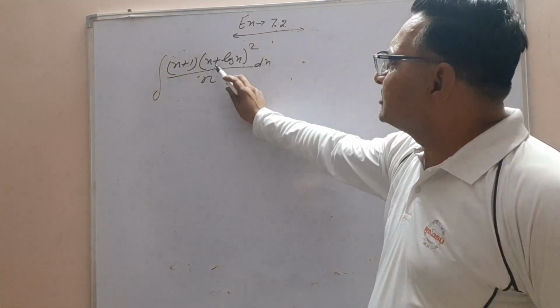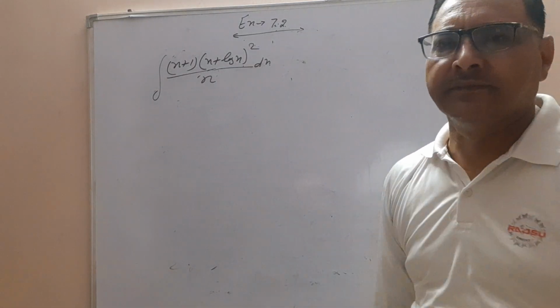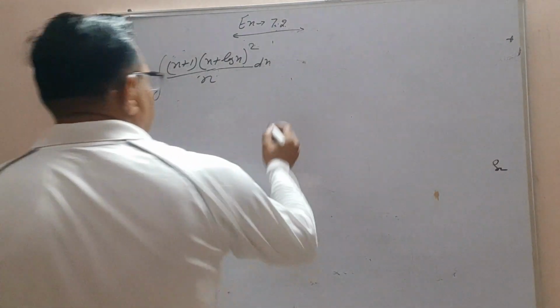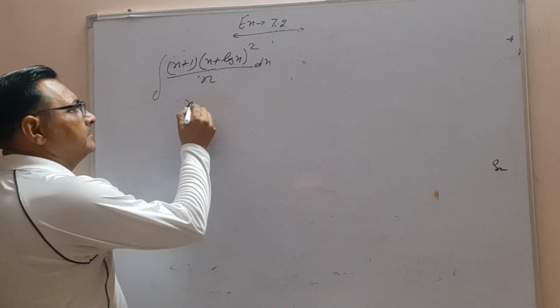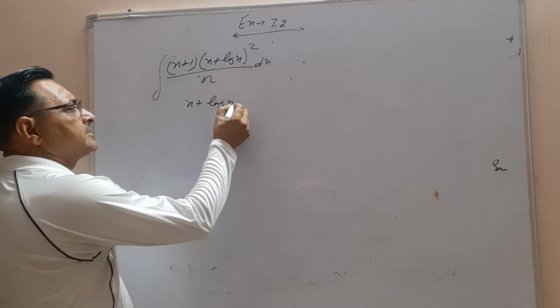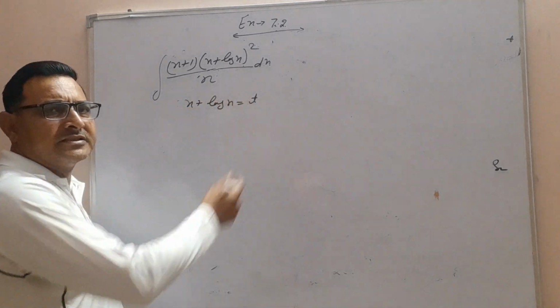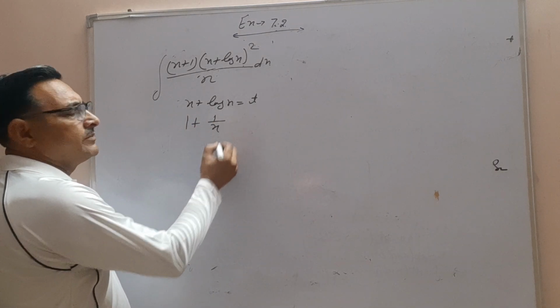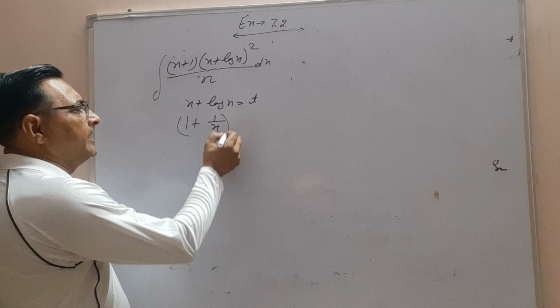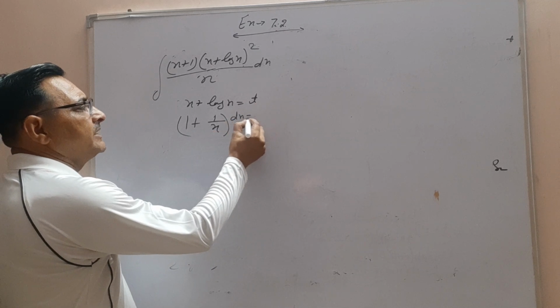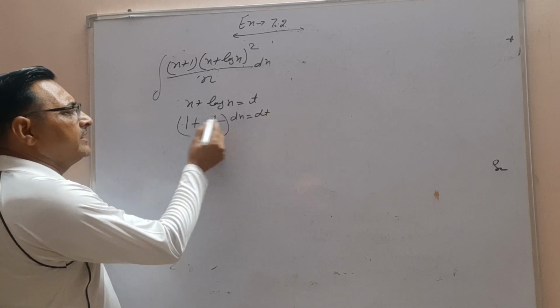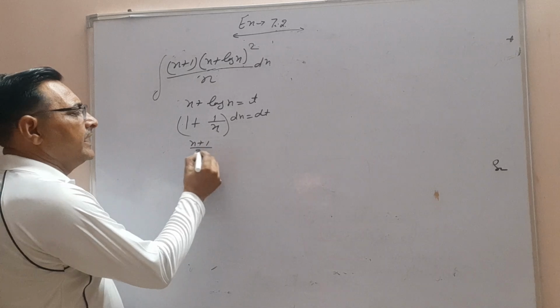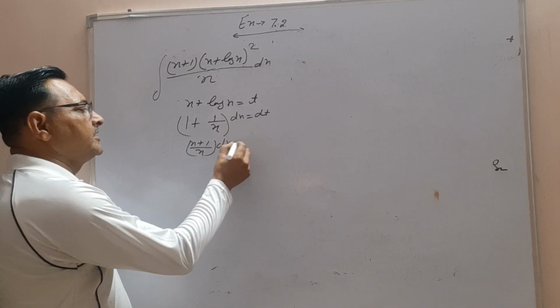So you can put this value, x plus log x, as t. Now take its derivative. The derivative of x is 1, and of log x is 1 by x. dt by dx, cross multiply, you will get this. So you can take the LCM, (x plus 1) by x dx is equal to dt.